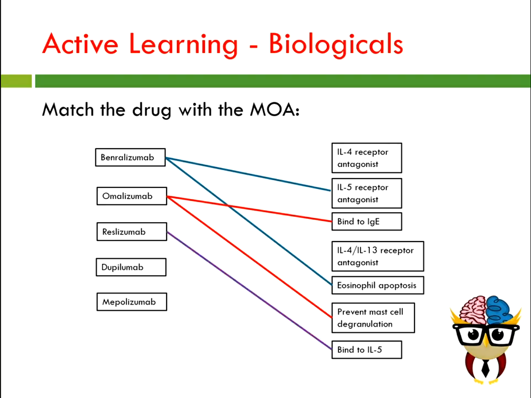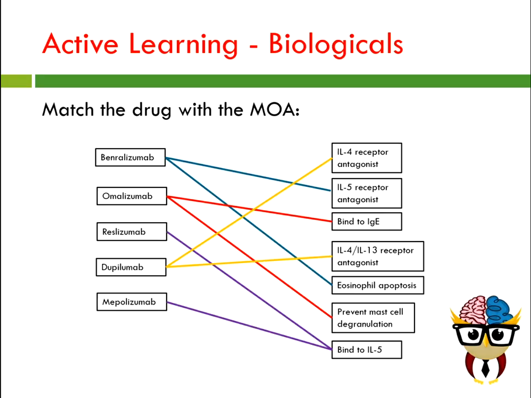IL-5. Dupilumab. IL-13. And reslizumab. IL-5. Okay. So please go back, remember, recall, do whatever, but please remember those targets because they're very important.